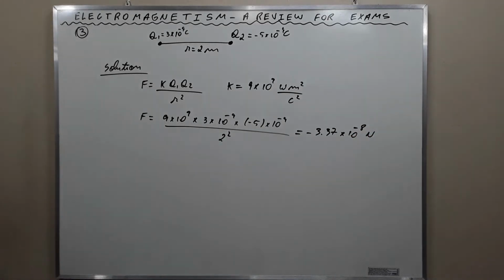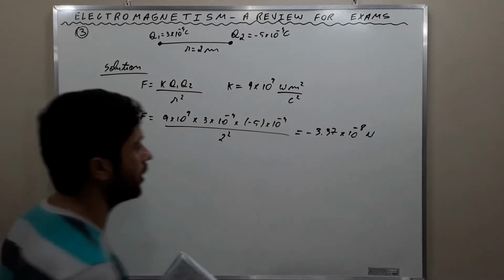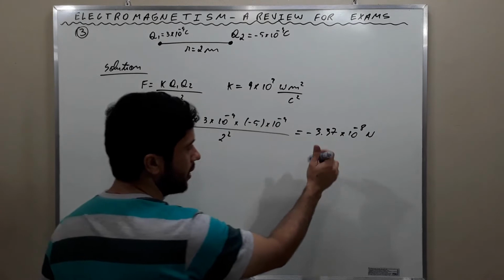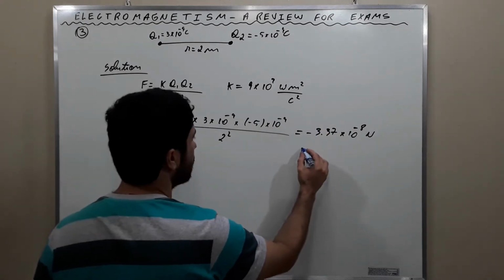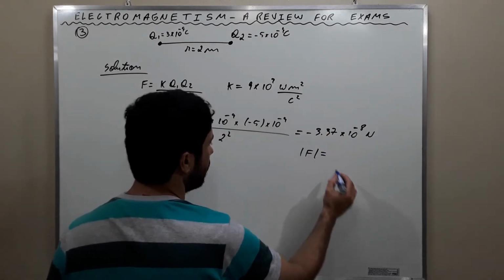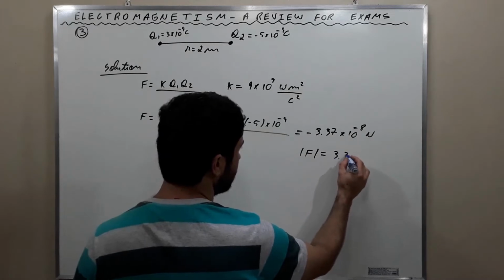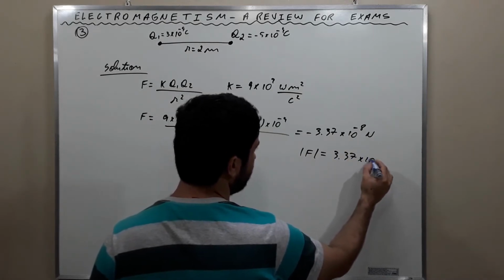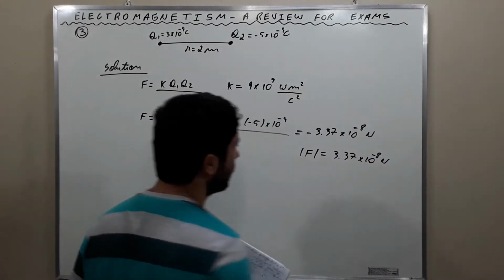This is the magnitude of the force. The magnitude of F is 3.37 times 10 to the negative 8 newton.